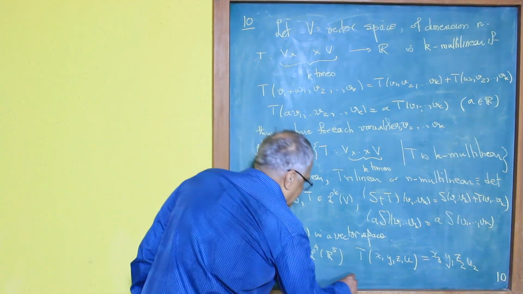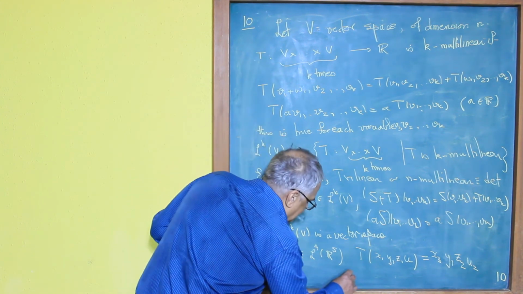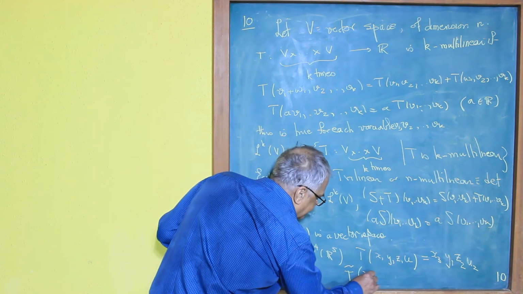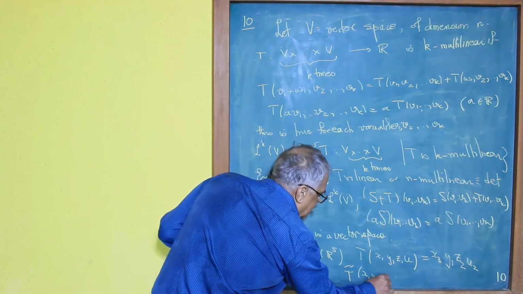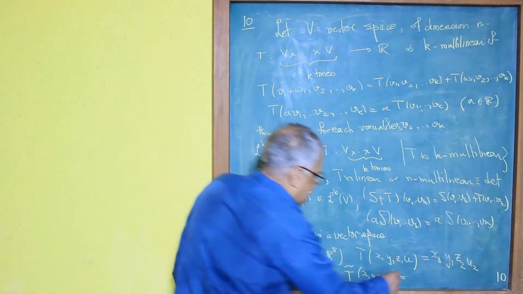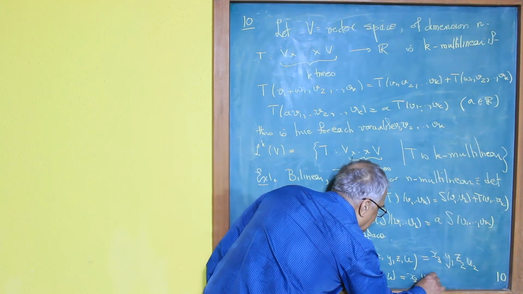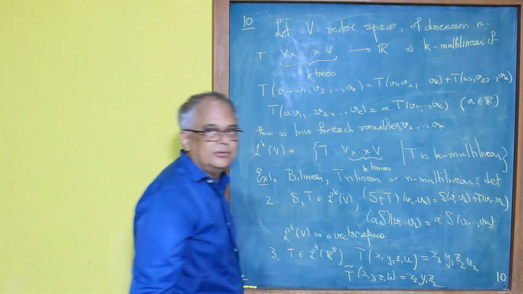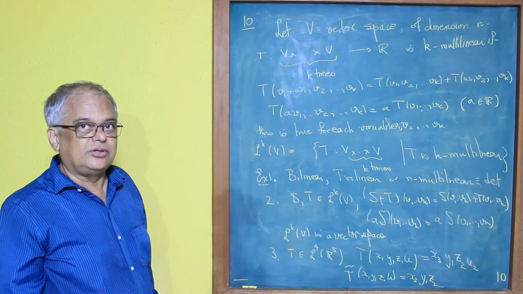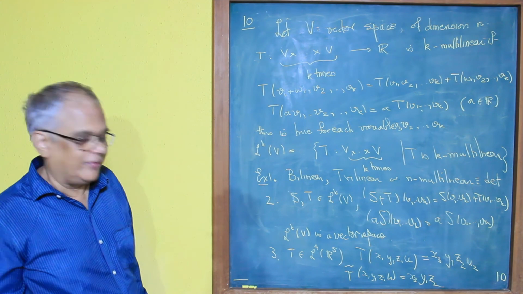However, if I take something else, so let me take T tilde of X, Y, Z, U to be equal to X3, Y1, Z2, you should be able to prove that this is not an element in L^4 of R5.